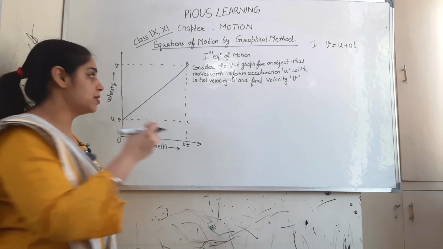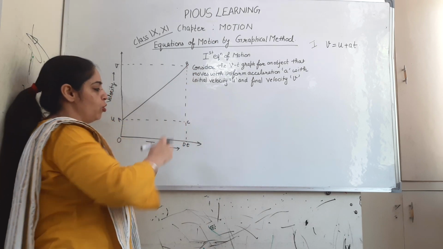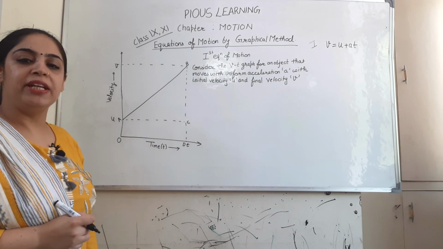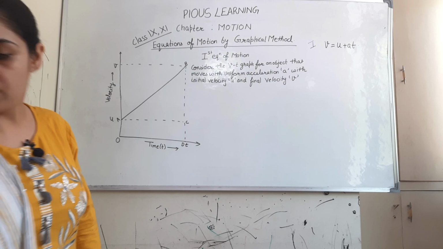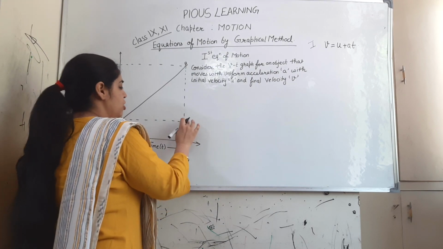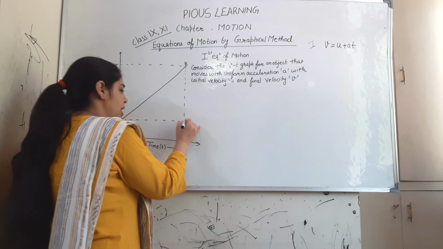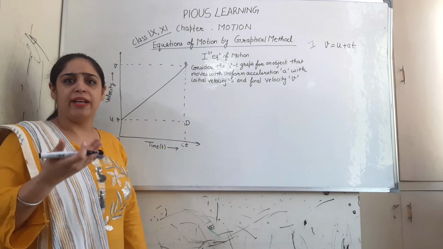Now, if I ask you to write down BD, how will you write BD? Let's mark this point as C so that there is no confusion for you, because if you mark it the way it is marked in NCERT, it is easier for you to learn.